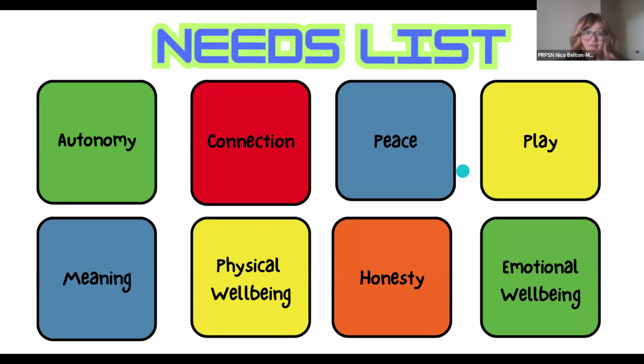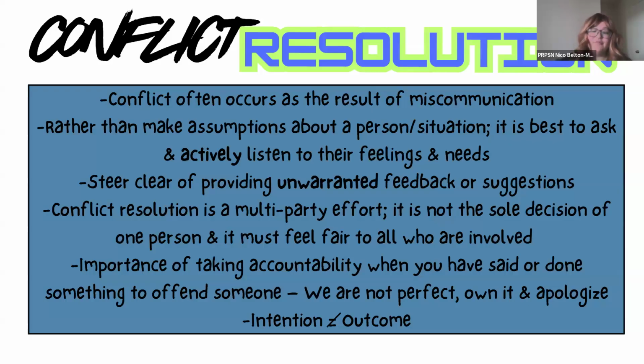When we talk about conflict resolution, before we really get into the model of how to resolve the conflict, I just want to give a few small pointers. Conflict often occurs as the result of miscommunication. I know we even talked about how usually when there's a conflict, it's over something small, and it's really like, what are we even fighting about?